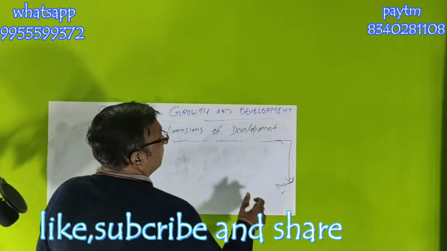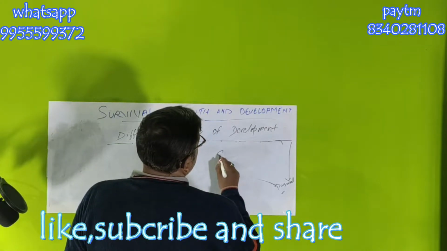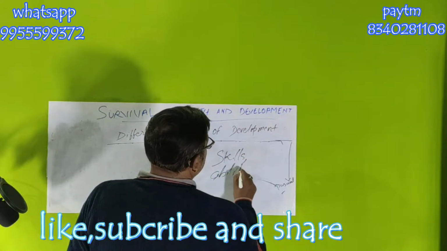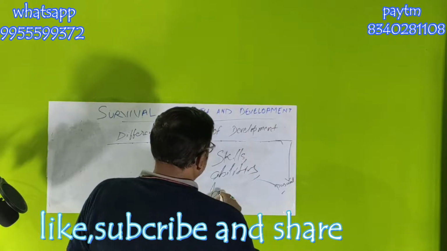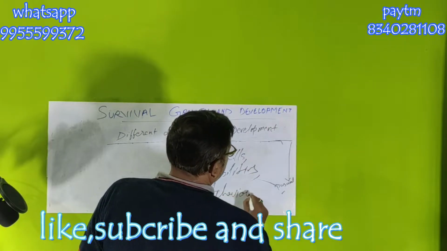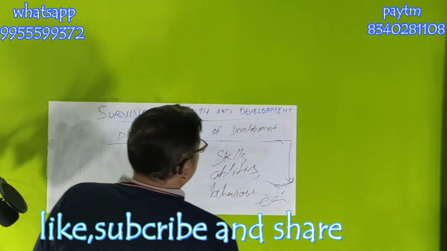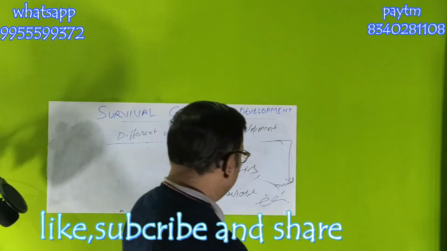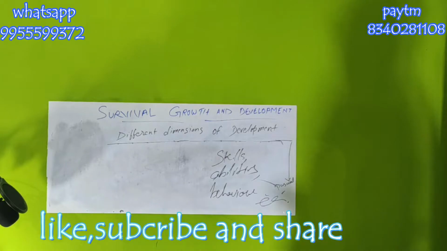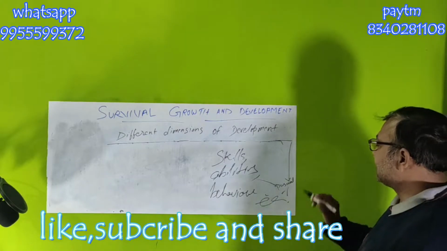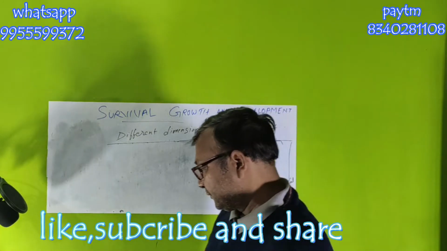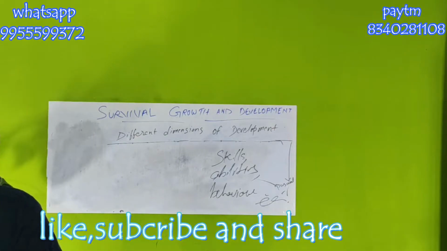It refers to skills, abilities, behavior, etc. Everyone has their own personal emotions, skills, abilities, behavior. So we can say it is personal development, and it differs from person to person. So we are closing these different dimensions of development.